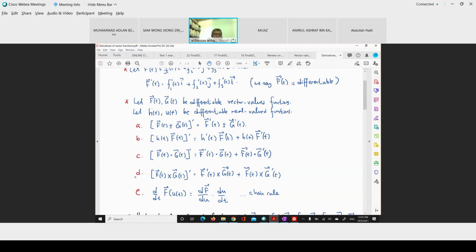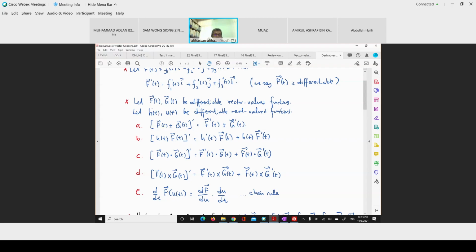And in part D, we have the derivative of a cross product of a vector function F with a vector function G. Again, it follows the same product rule as for functions of a single variable. The last part, E, is a chain rule.